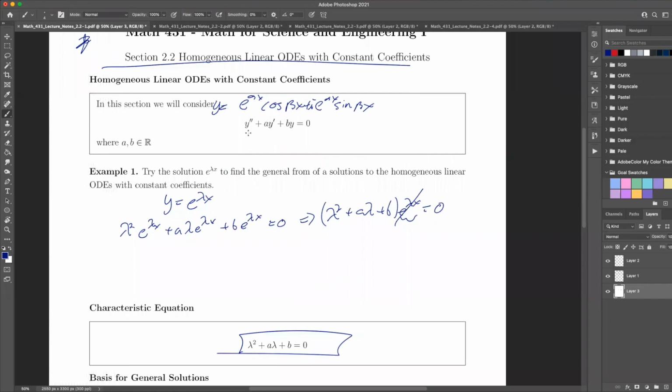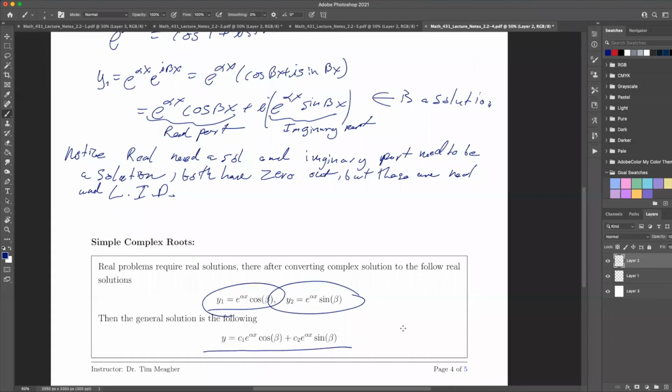If I plug this into here, this part is always going to remain real, and this part's always going to remain imaginary, right? That means this part is going to solve this equation, and that means this is a solution. This imaginary part better equal 0 as well, because I know that the whole thing is a solution, right? And so this part ends up being a solution as well. So since this is a solution and this is a solution and they're both real, we're going to use these as my real linearly independent solutions right here. And we just put the constants in front. Okay.